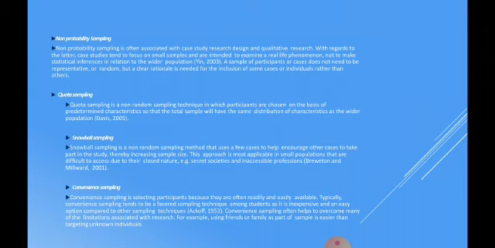It means selecting participants because they are readily or easily available. Typically, convenience sampling tends to be a favored sampling technique among students as it is an inexpensive and easy option compared to other sampling techniques.